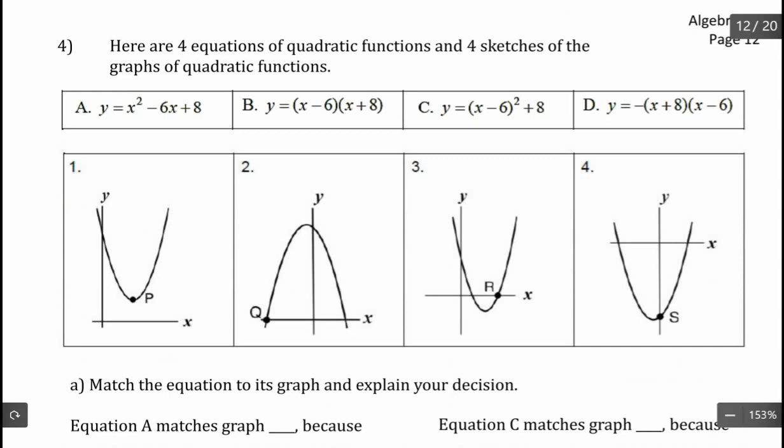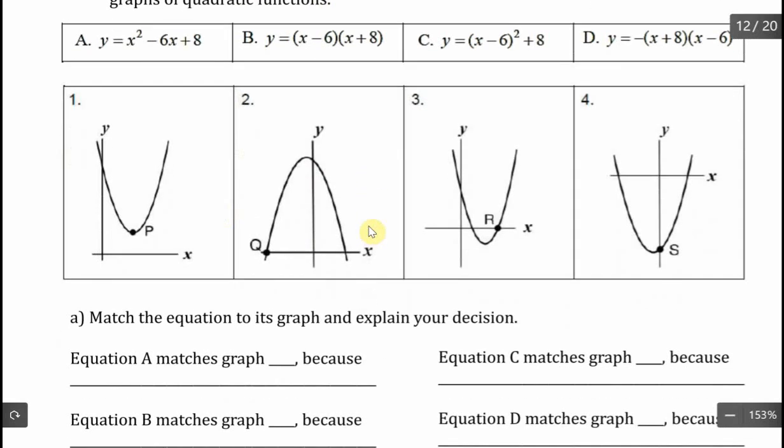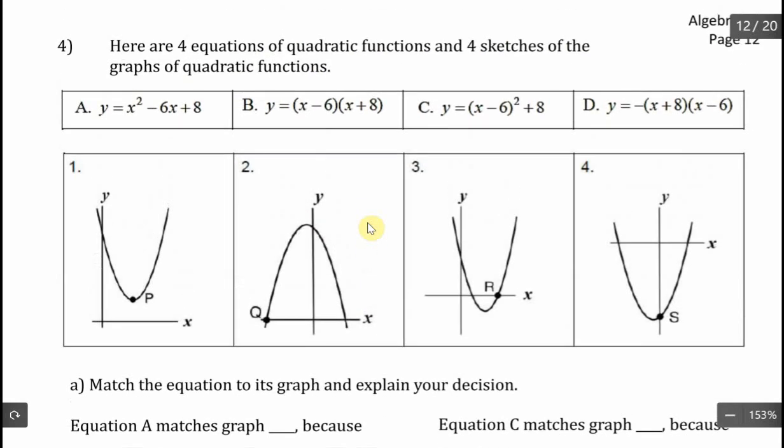Okay, a little bit more challenging now. We've got 4 equations of quadratics and 4 sketches of the graphs, and we've got to match them together. So just looking at these graphs first, only one of them is an upside down parabola, if you like, an n-shaped one. So we're looking for something that would have -x squared as one of its terms.